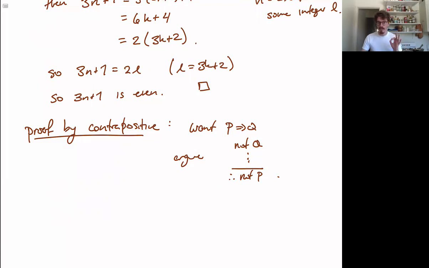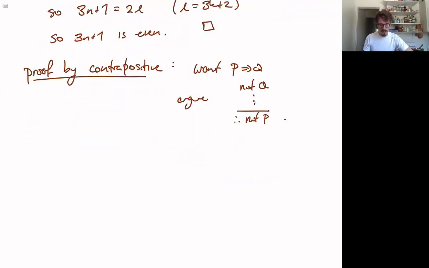But of course, this is still valid because they are equivalent. And so this is starting to be what I mean by a direct proof. This is not a direct proof. This is proving it from a different direction, you could say.